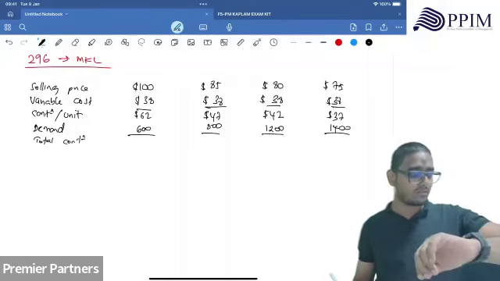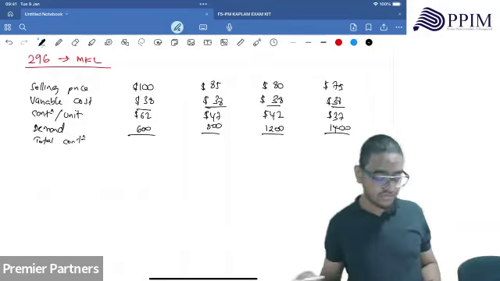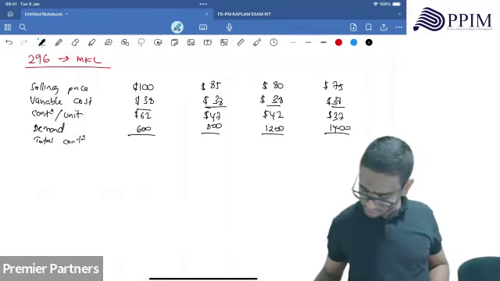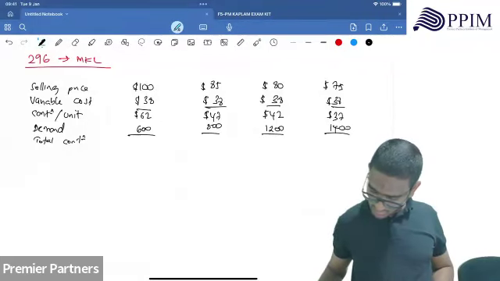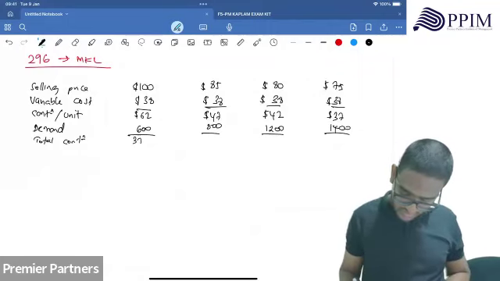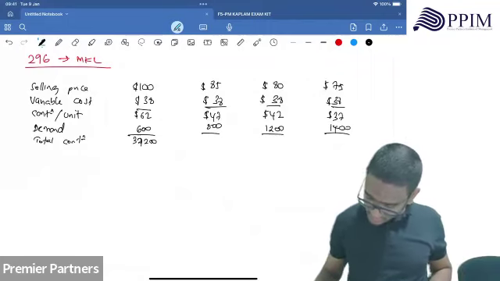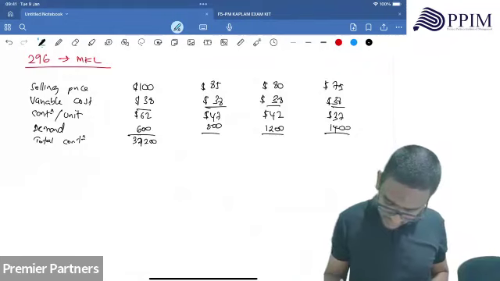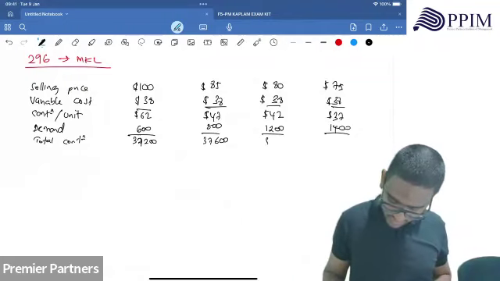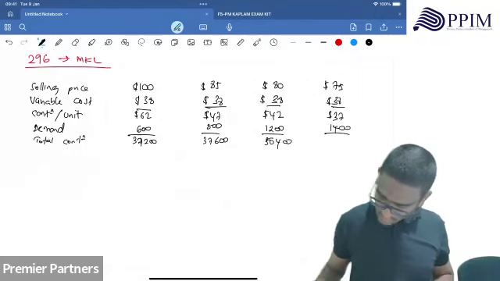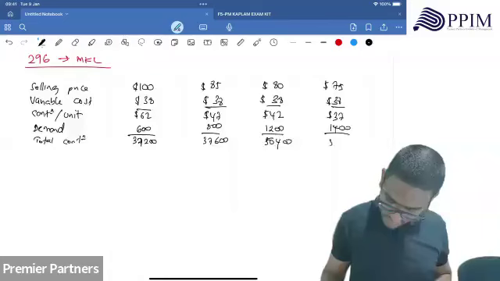So 62 into 600 is 37,200. 47 into 800 is 37,600. 42 into 1,200 is 50,400. And 37 into 1,400 is 51,800.